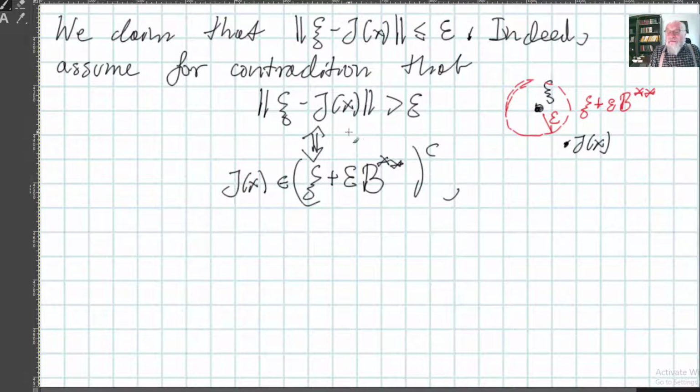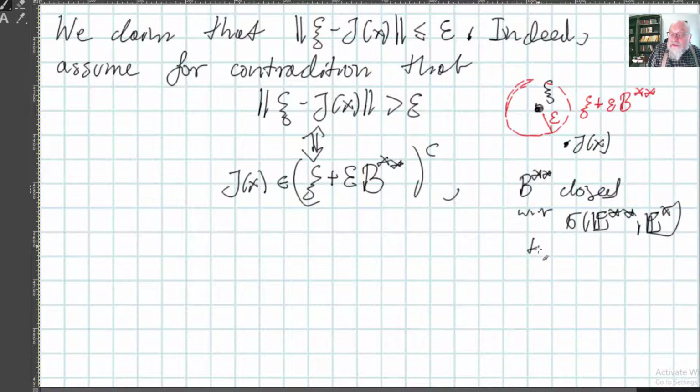But notice that the closed ball, B double star, is also closed with respect to the weak star topology. Remember that B double star is compact by Alaoglu's theorem. So this is closed with respect to the sigma E double star, E star topology.